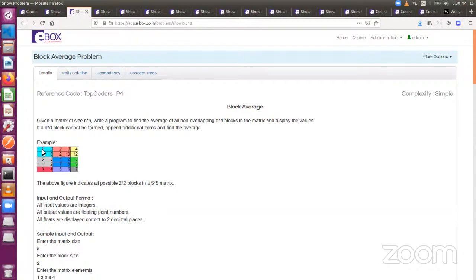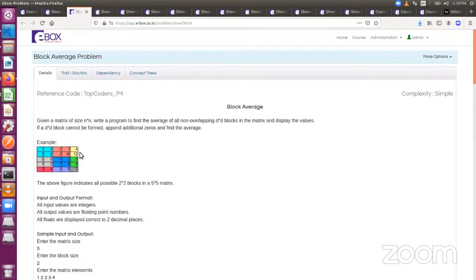Okay, so in this problem, how many rows are there? 5 rows and 5 columns. And how are they blocking? The blocks are done in 2 cross 2, right? You can see all the 2 cross 2 blocks are there, except the last ones, because 2 cross 2 could not be formed as there is only one column here.